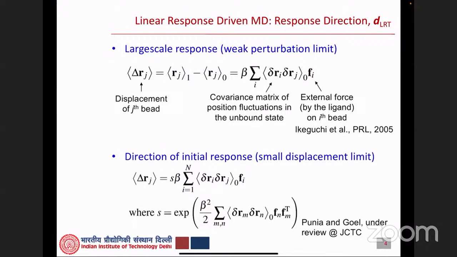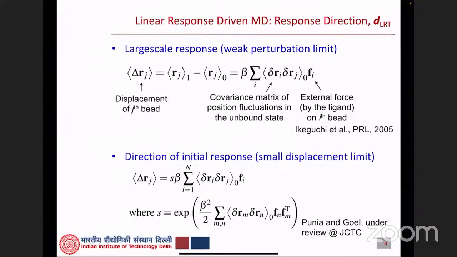In our case, if I'm looking at the binding of a ligand to a protein, this external force is the force by the ligand on the protein. What I'm interested in here is getting to this displacement vector.